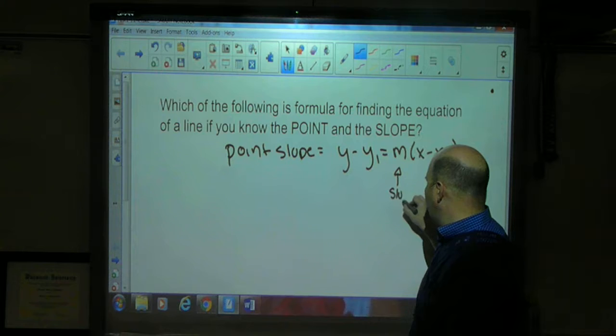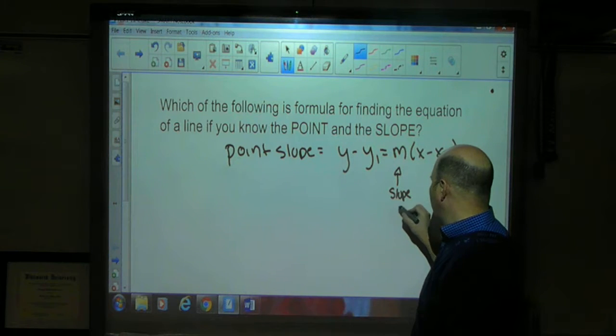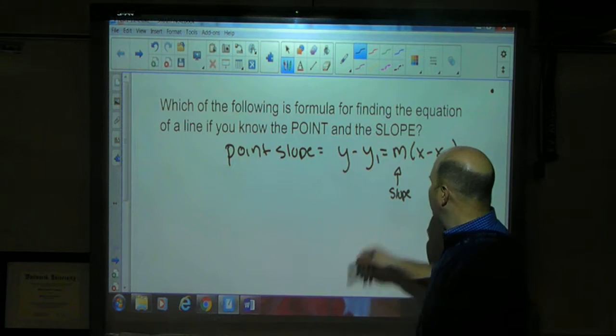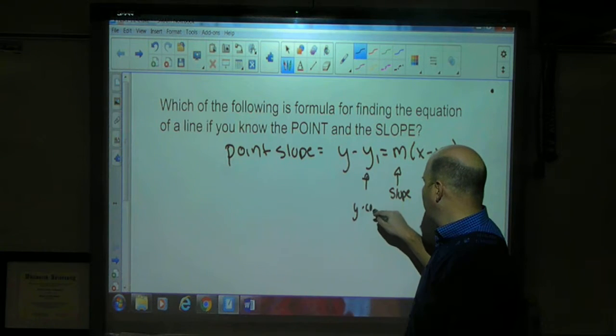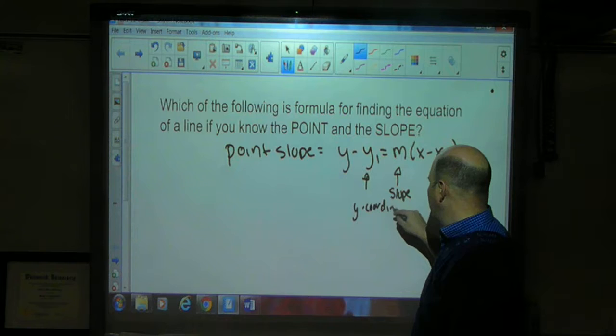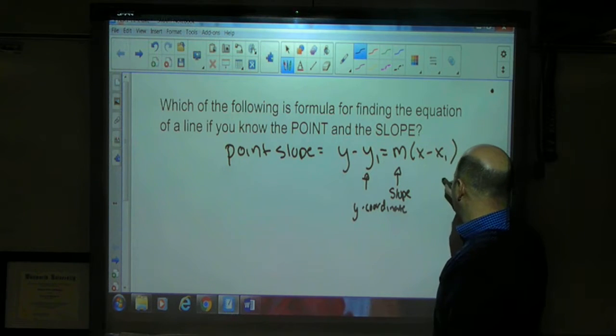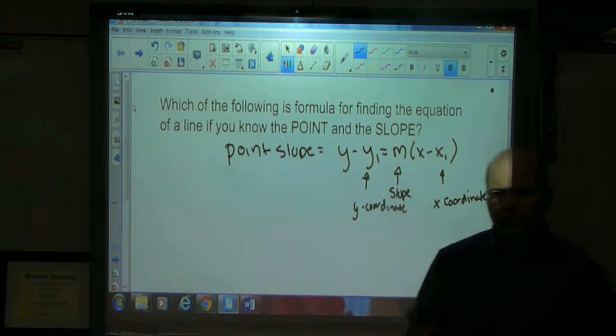That's my slope of the line, or my rise over run, or my change in y over change in x. Okay, here is my y coordinate. And here is my x coordinate. Okay, so that is your point-slope form.